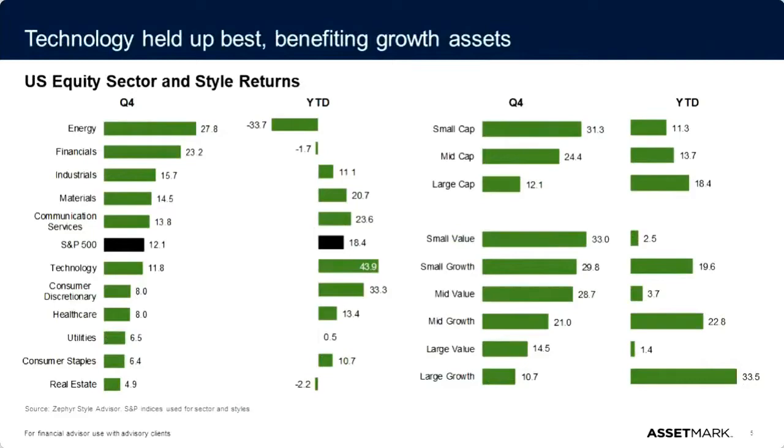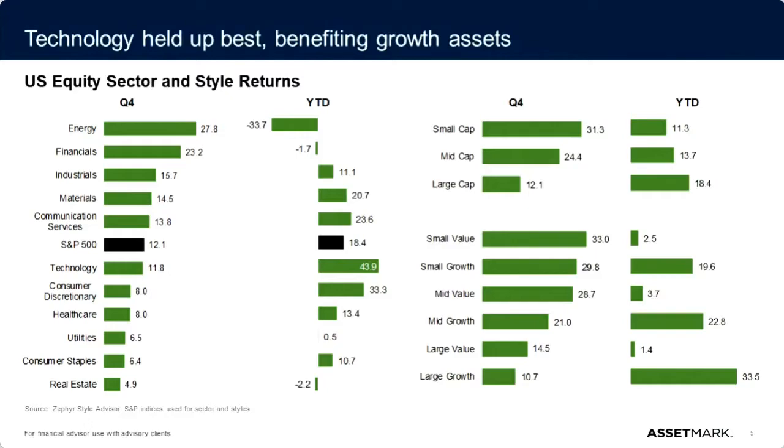Now, let's look at the technology and how it held up. It seems that it did the best overall, benefiting all the different growth assets. So you've got this broken down into two charts, the Q4 and year to date. And you can see in Q4, energy took off dramatically, but year to date, it was on the downside.